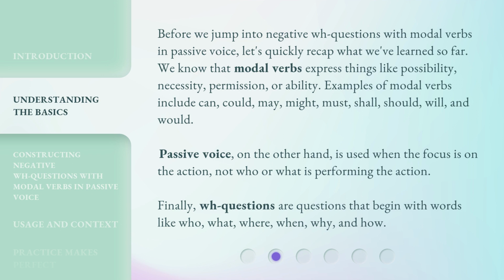Passive voice, on the other hand, is used when the focus is on the action, not who or what is performing the action. Finally, WH questions are questions that begin with words like who, what, where, when, why, and how.